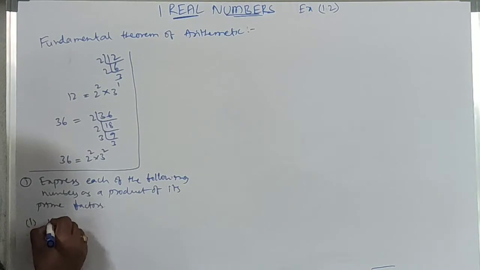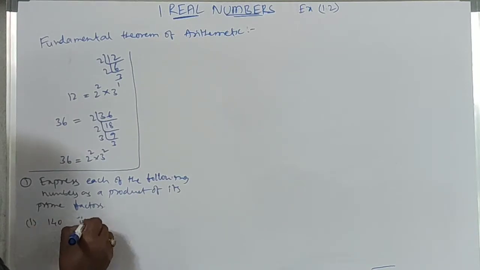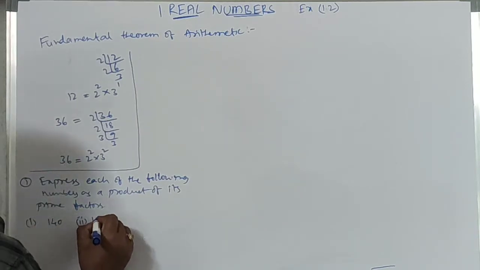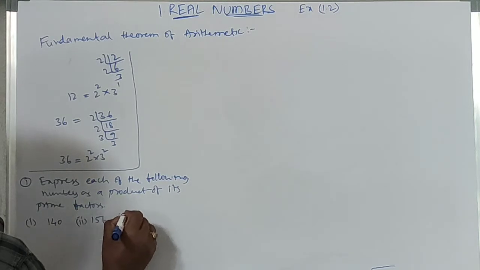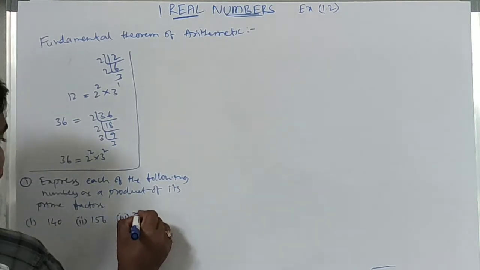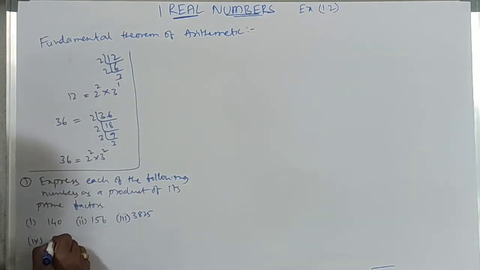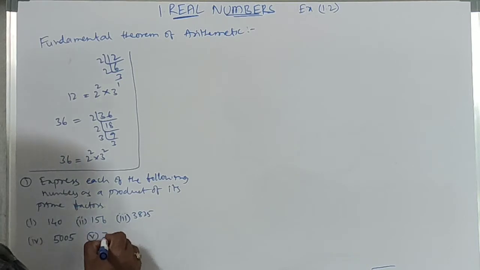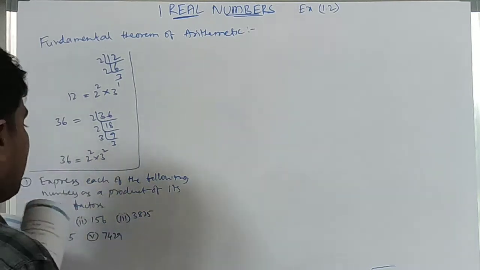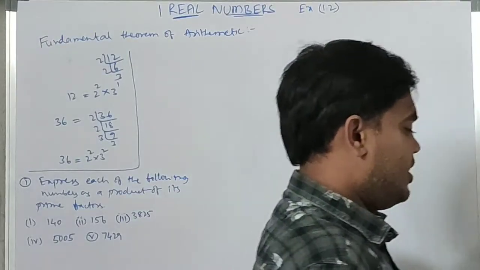First one 140, second 156, third 3825, fourth 5005, fifth 7429. So we must write their prime factorization.